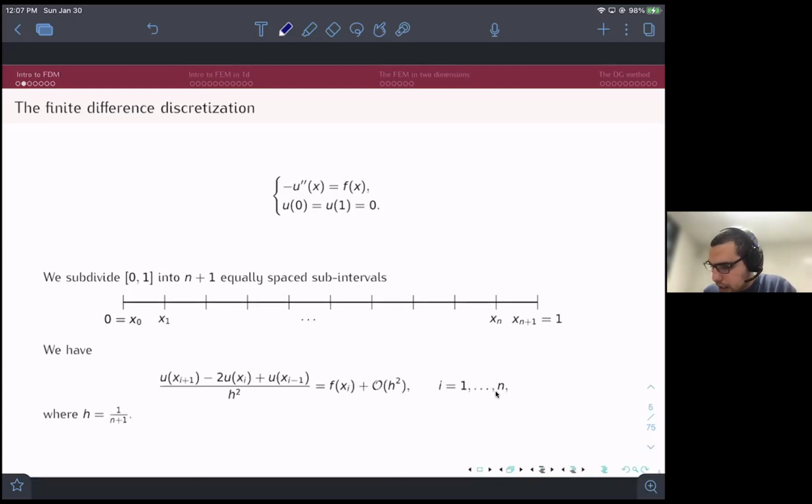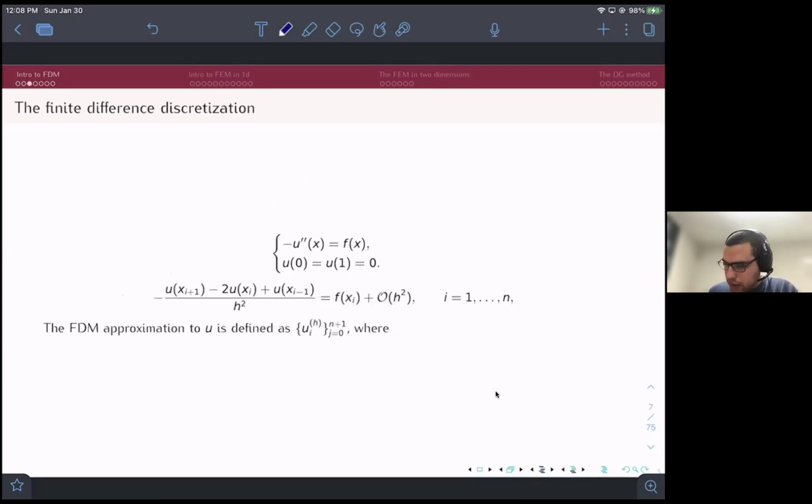And the idea is you can use the previous formula and say that negative u double prime at x_i is equal to negative this quotient, approximately, with an error of h squared. So now, if I take this point x1, I can use the value of u at x0 and the value of u at x2, and I can find an approximation to the second derivative.